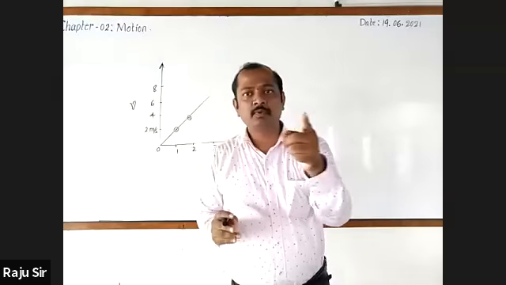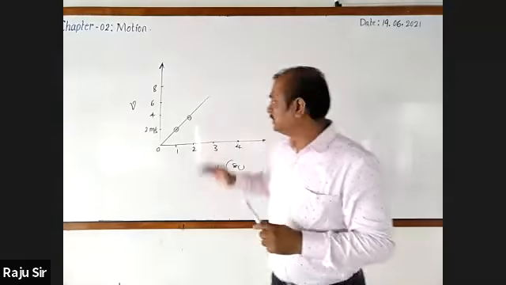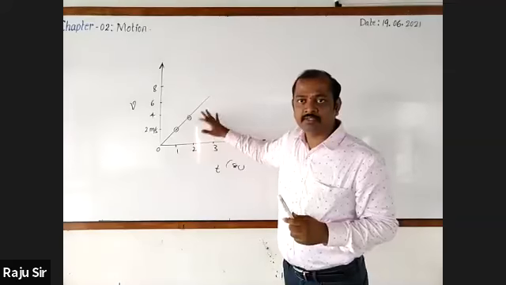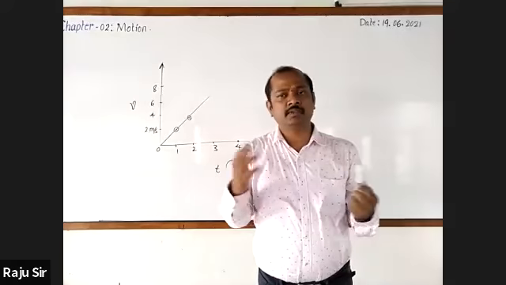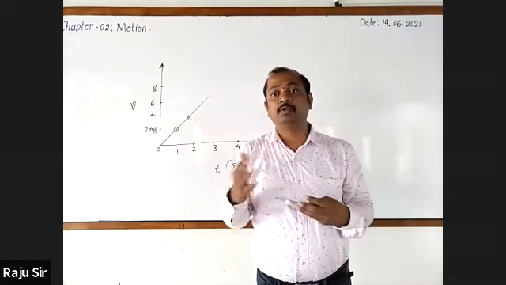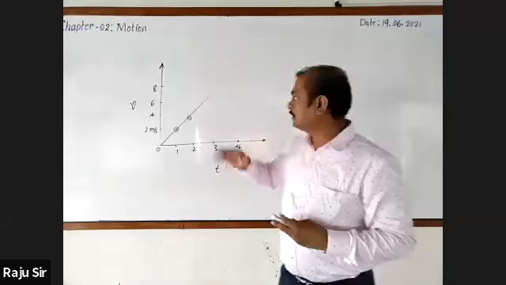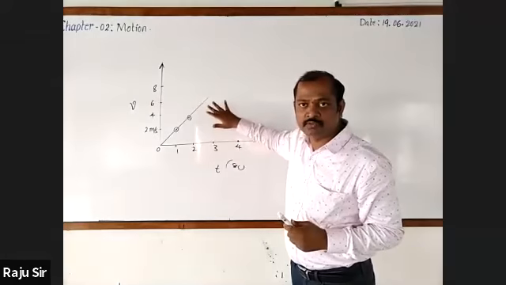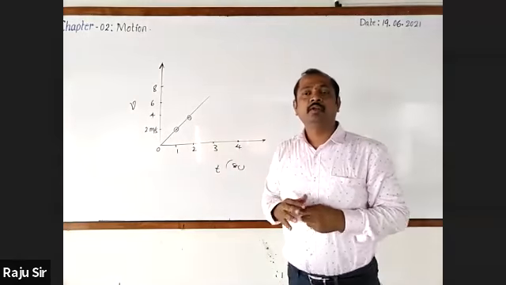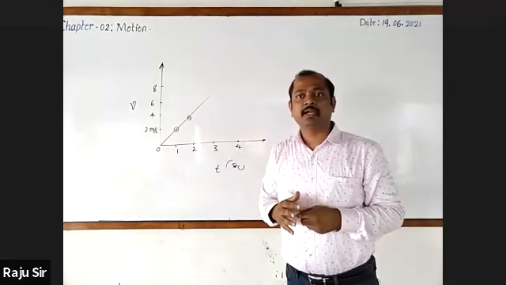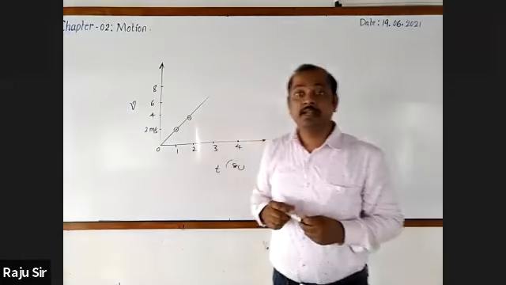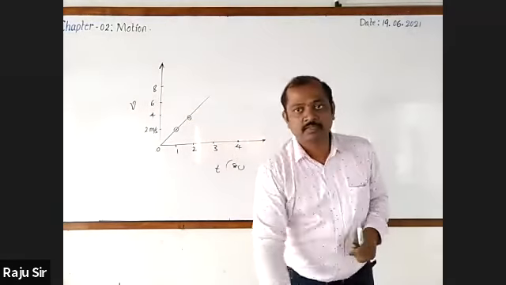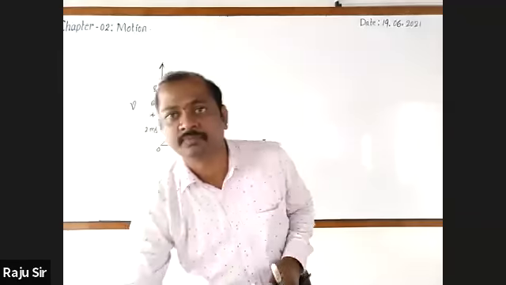So this straight line indicates the body is moving with a constant speed, nothing but uniform speed or uniform velocity. So now we can use this graph for proving the statement that velocity time graph gives acceleration. Yes, now I'll explain that.